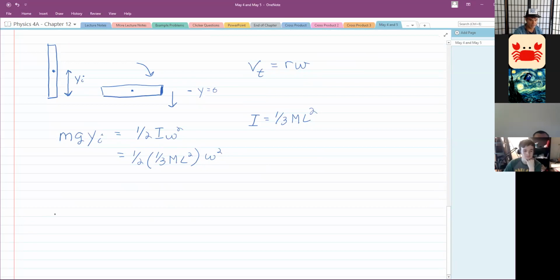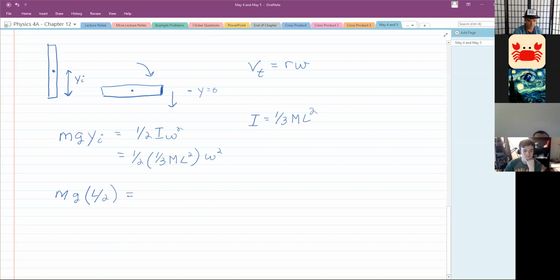So what I have is the initial potential energy, m g y initial. And actually, let's be specific. What is the initial height? If I'm talking about a meter stick, I'm looking at the height of the center of mass, which should be right smack in the middle. So in this case, the center of mass is at a distance of L/2. So my initial potential energy is mg L/2. And at the end, the energy is rotational kinetic energy.